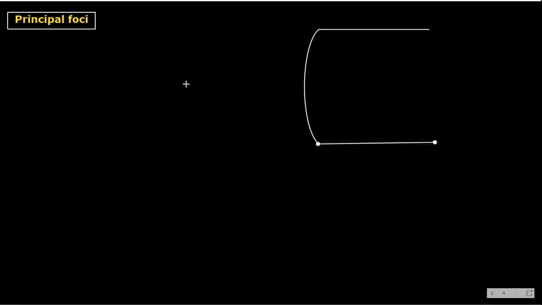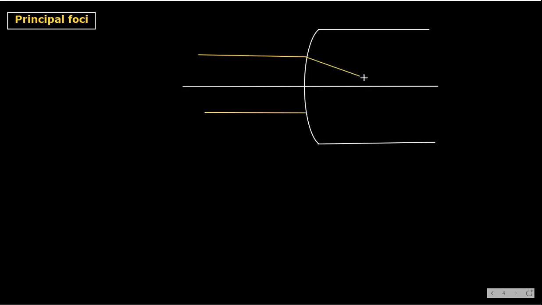And assume that this is the principal axis. Now we are incidenting light which is parallel to this principal axis on this curved surface, and then after refraction it will meet at this point.